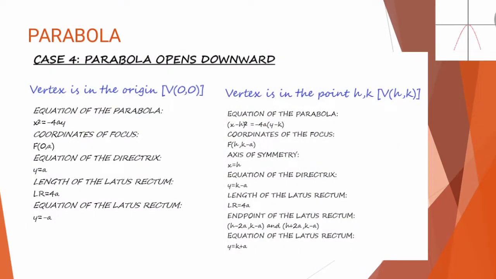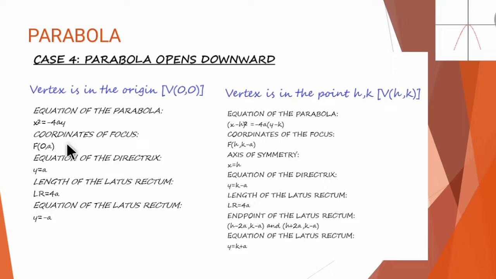The last case, or the case number 4, parabola opens downward. So as you can see sa graph, ito yung magiging graph nyo. Baliktad na U. Now, equation of the parabola if the vertex is in the origin. We have x squared is equal to negative 4ay.